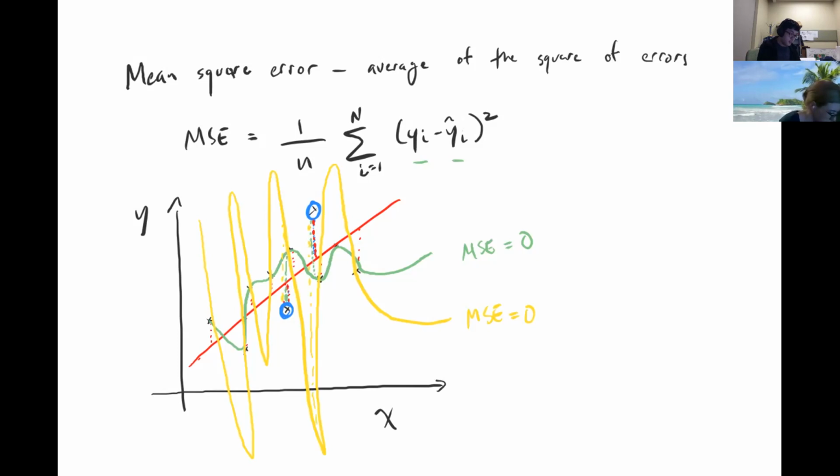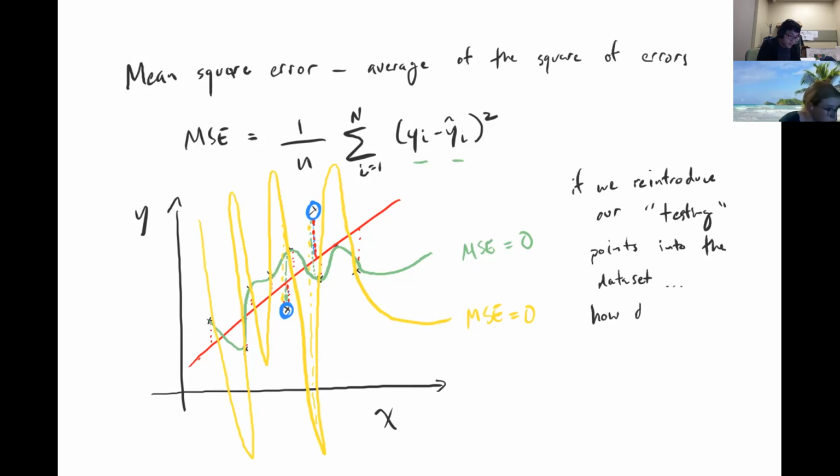And if we reintroduce our testing points, as I'll call them, into the data set, how does MSE change?